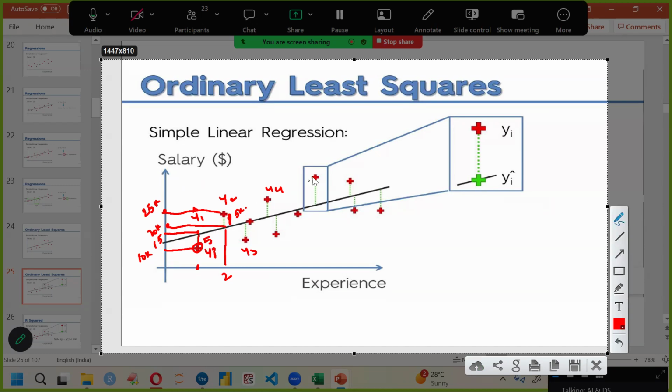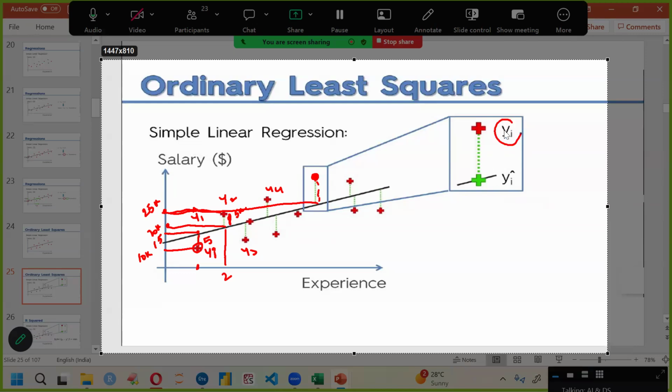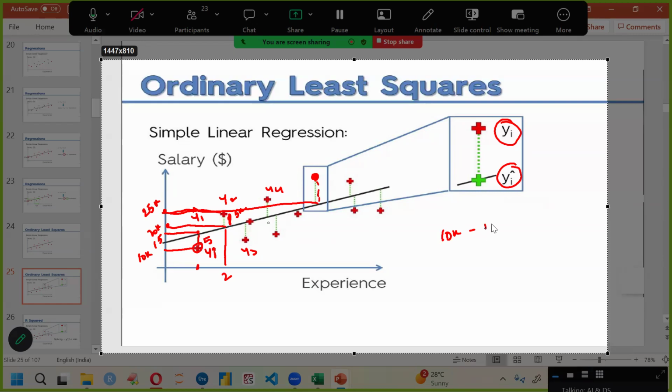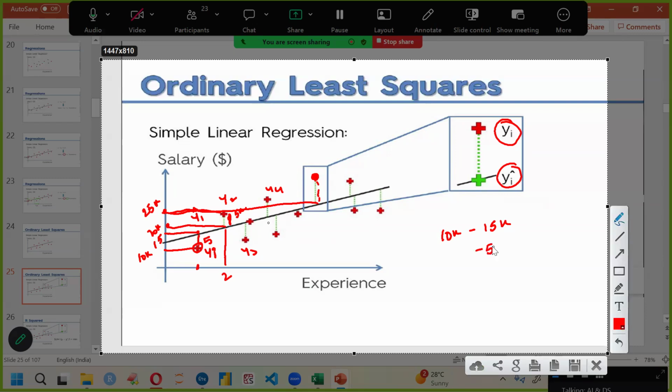Okay. So like this, for every point I'm calculating what the actual point is and, according to the line, what salary he has to get. So I'm taking yi and yi cap. Two things are there, yi and yi cap. Suppose here this yi is 10K, and yi cap is 15K. So 10K minus 15K is minus 5K.